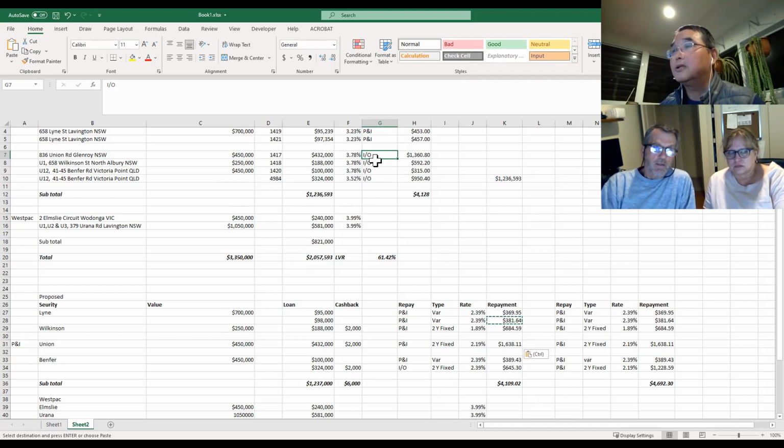That will be difficult if you want to roll to another interest only loan term. They will do a similar assessment again. They can't just roll to another interest only. They will assess.